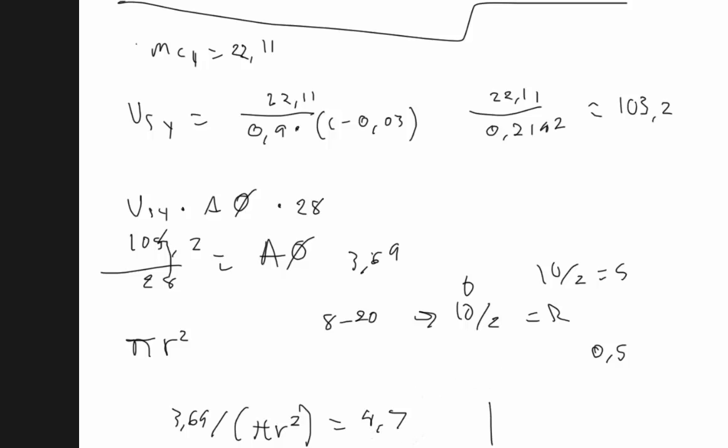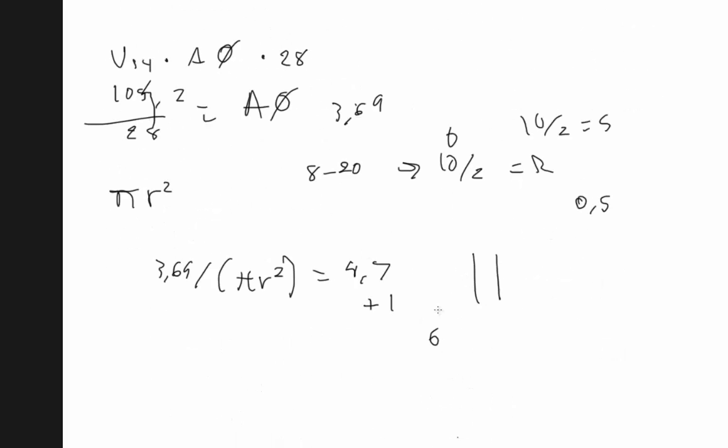Again, 4.7 will probably be the distance, that's how I would like to think about it right now, plus 1, so more or less 6. This is trying to figure out how many bars per meter, right?